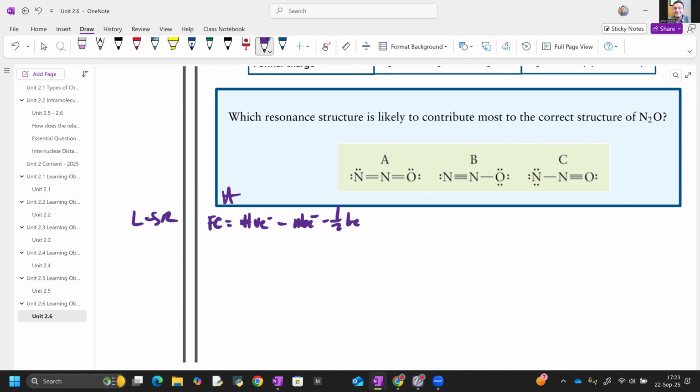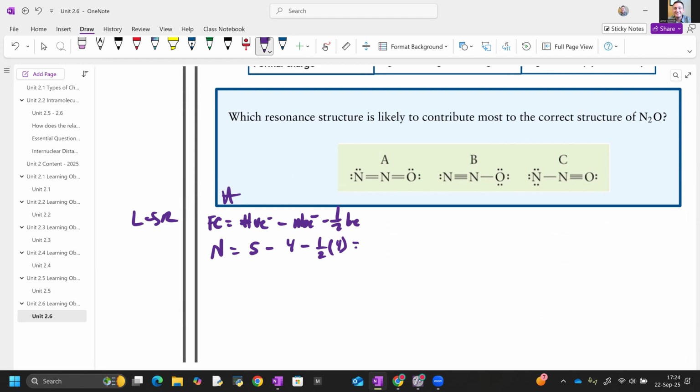and let's read these left to right. So meaning the first one that I list is going to be the nitrogen on the left. I could label it nitrogen L or nitrogen center or whatever, but I'm just going to read these left to right. And so nitrogen has 5 valence electrons minus 4 non-bonding minus 1/2 of 4.